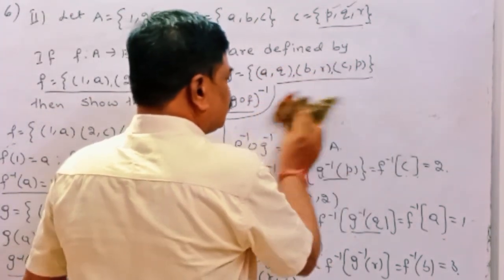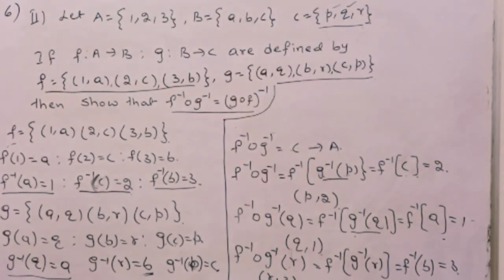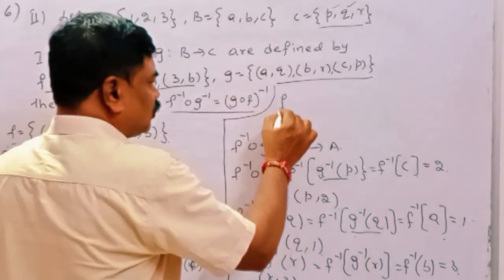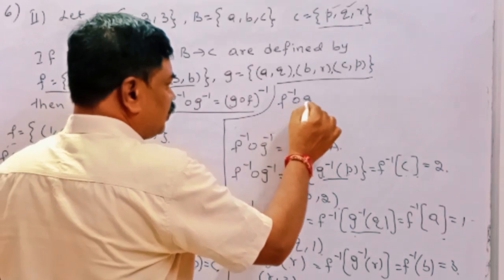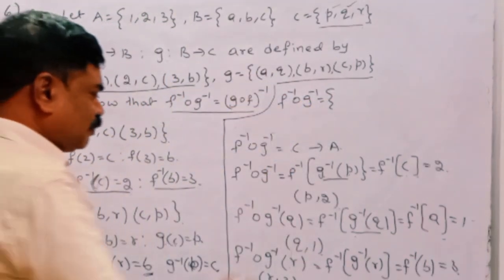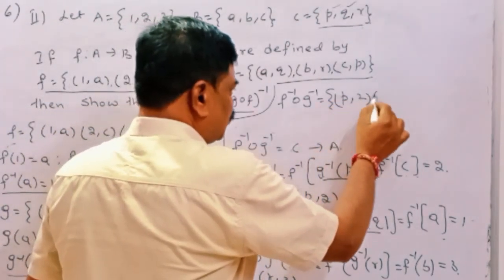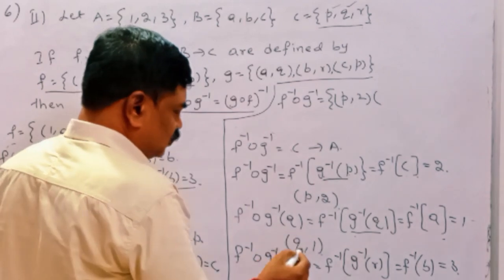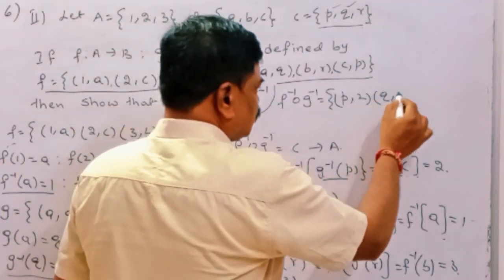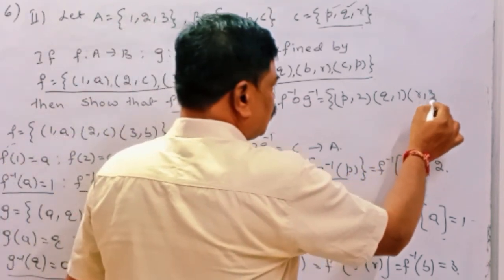Then we write the ordered pairs of F inverse circle G inverse. So F inverse circle G inverse is equal to the set of ordered pairs (P, 2), (Q, 1) and (R, 3).